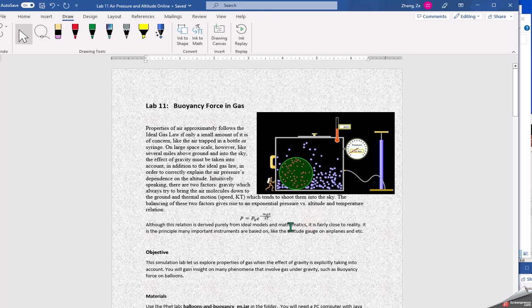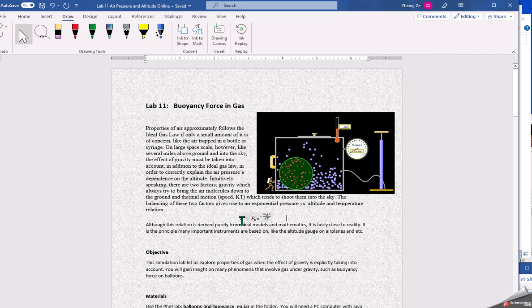Think about this: this is the pressure on the ground, times an exponential function. An exponential function means a decreasing function. With height going up, the pressure goes down. At the same time, when the temperature goes up, the pressure at a certain altitude goes up.